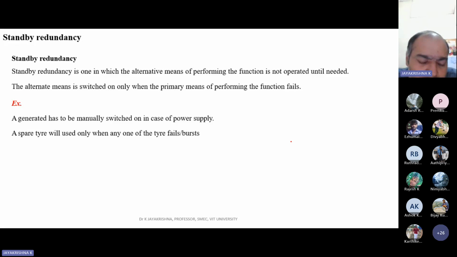So that means there is always one backup system there to support it. This backup system we always call a standby system. Since this is another way of doing the thing, we call it a redundant system, or standby redundancy. Okay, so now we are able to understand standby redundancy.